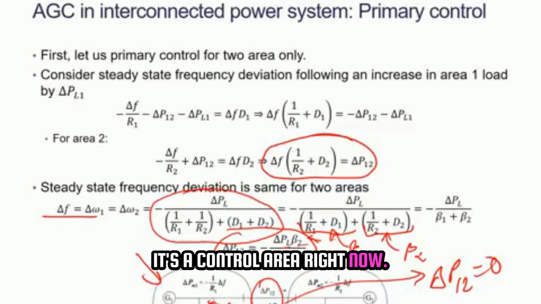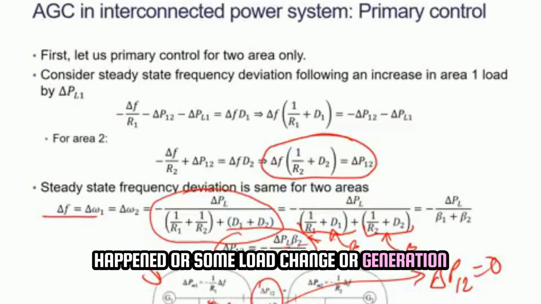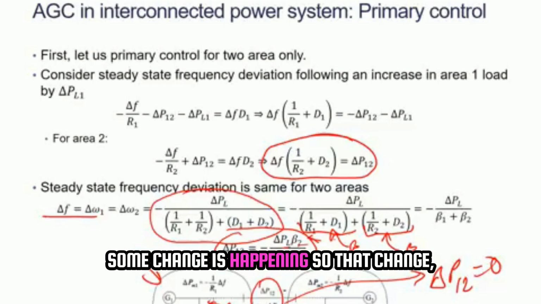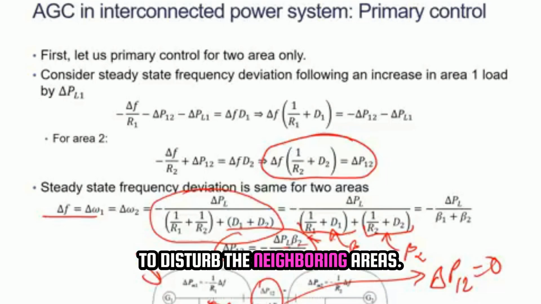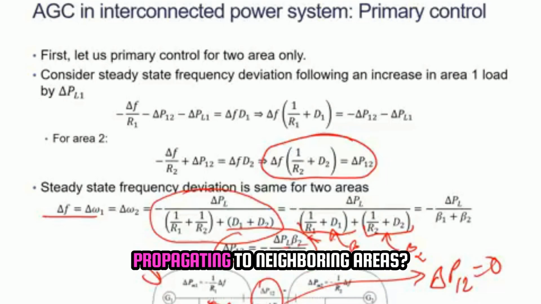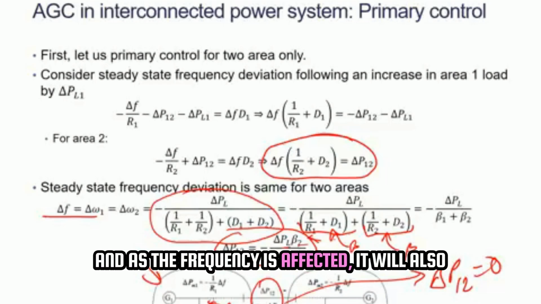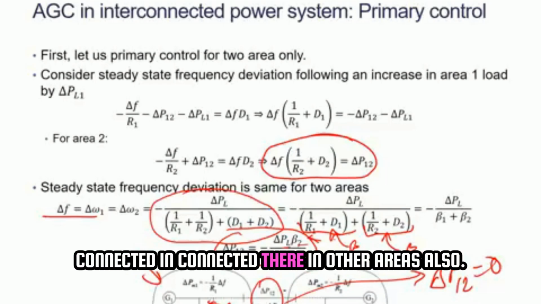Now, if some load change or generation change has happened within an area, like within Uttarakhand, we do not want that change to propagate or to disturb the neighboring areas also. What happens if the change propagates to neighboring areas? Obviously it will affect the frequencies, and as the frequency is affected, it will also affect the operation of different appliances connected in other areas.